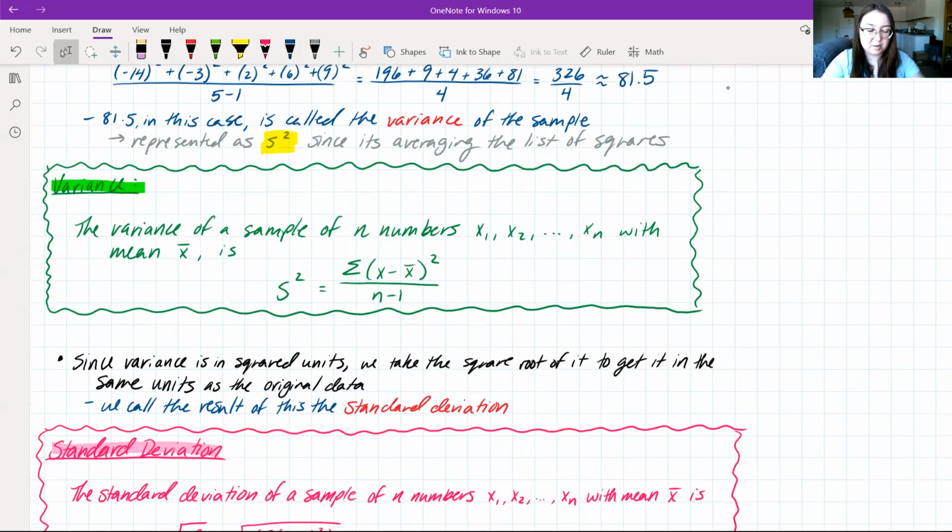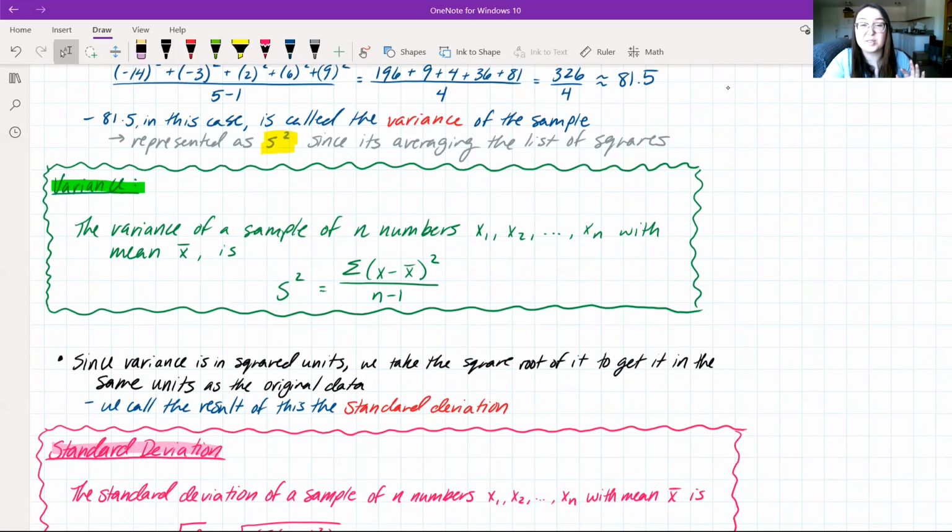So we see here the definition of variance. The variance of a sample of n numbers, x1, x2, all the way to x sub n, with mean x bar is s squared, so the variance is equal to the sum of (x minus x bar) squared divided by n minus 1.